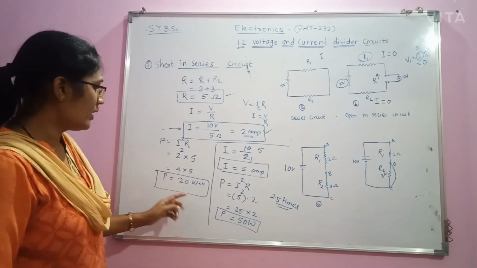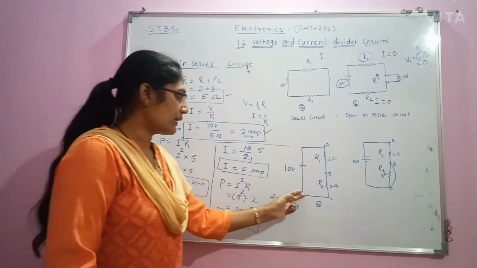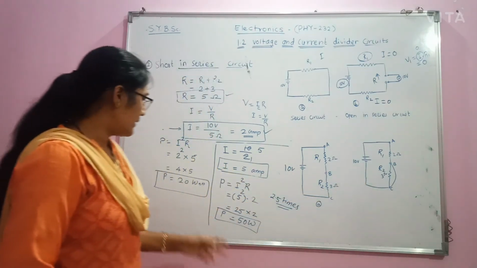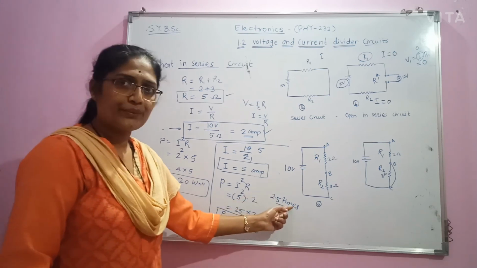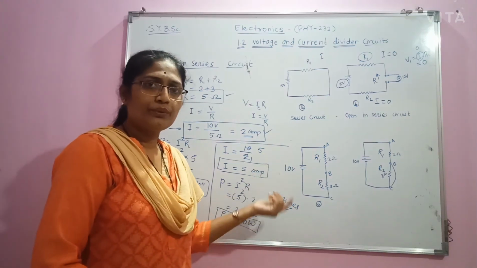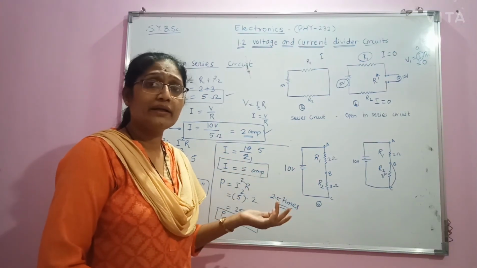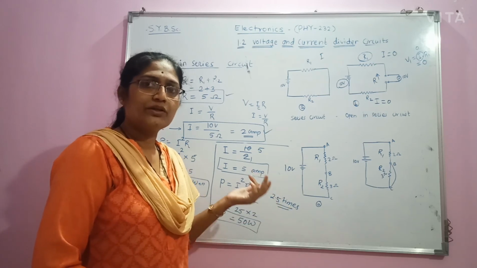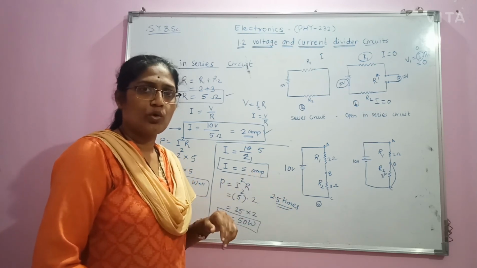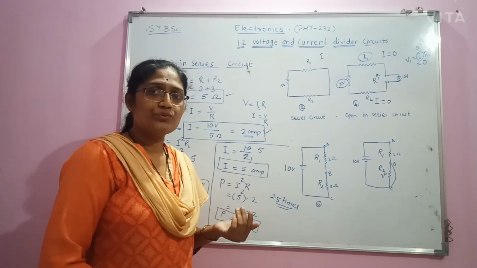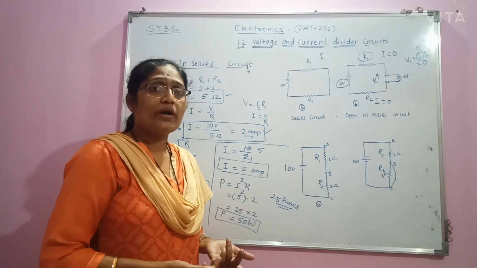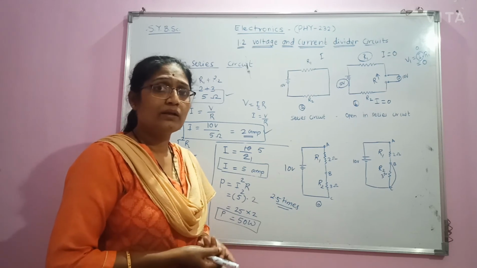So, if we compare this circuit and this circuit, then in short, the power has increased 2.5 times and it is going to increase the heating effect, and hence it will damage the circuit components. In order to avoid this, we are using a fuse which will open when there is an increase in current due to shorting.